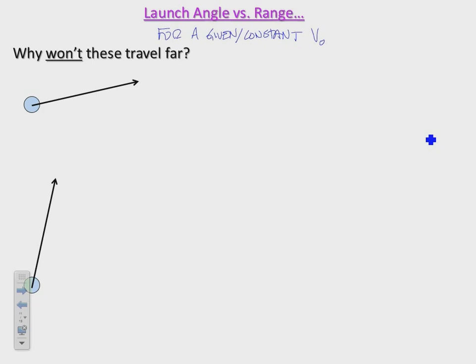I just happen to know that. It shoots at that speed no matter what angle you shoot it at. And the question is, how do I make it go far or not far? Again, this is assuming a symmetrical flight.